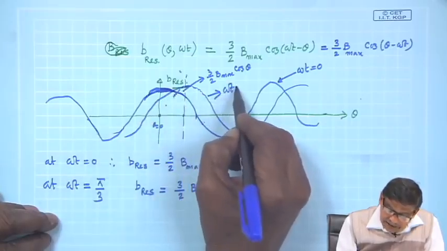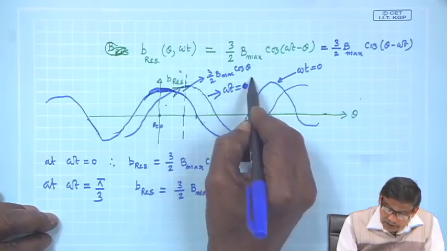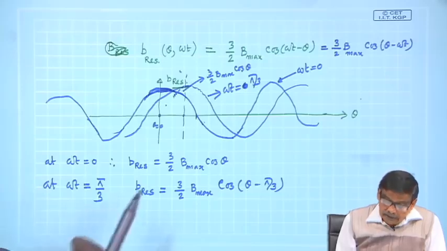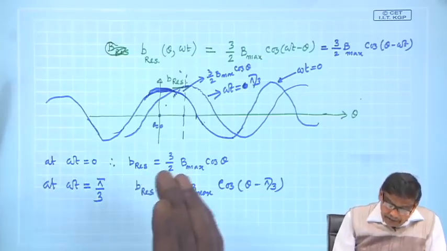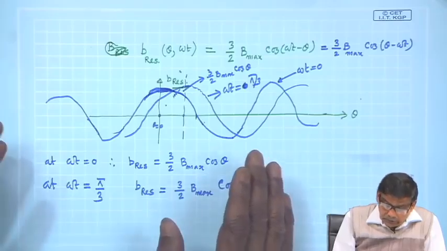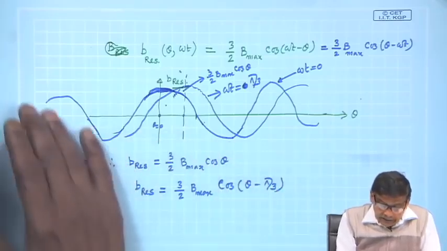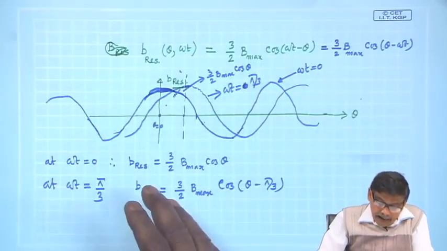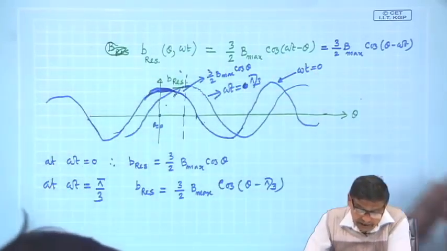And you attach a rider omega t equal to pi by 3 as I have done. Therefore, as time passes, I soon know that it is a sinusoidal distribution and it is shifting towards the right.